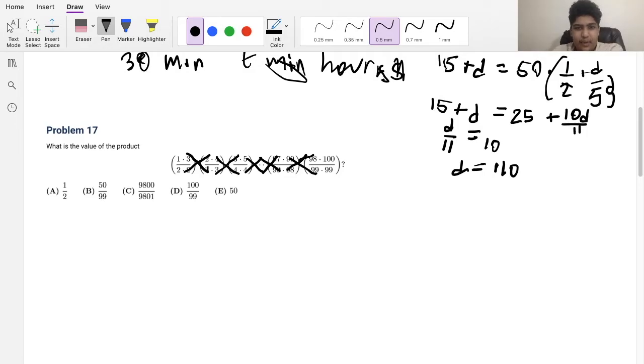So thus the end product is just 1/2 times 100 divided by 99, which is equal to 50 over 99, which is choice B. And let's move on.